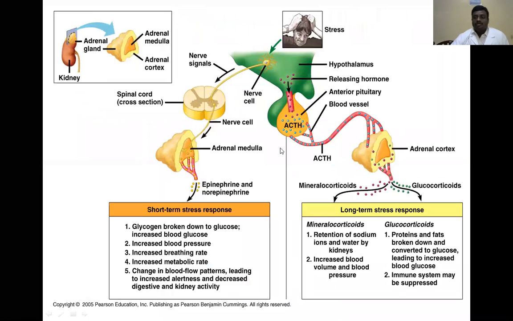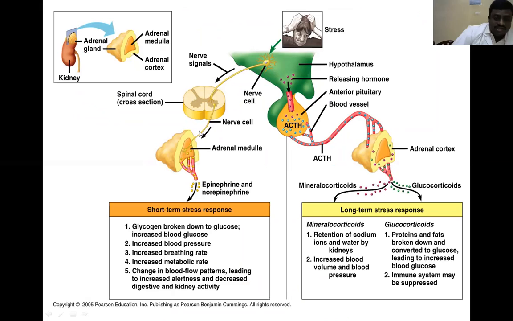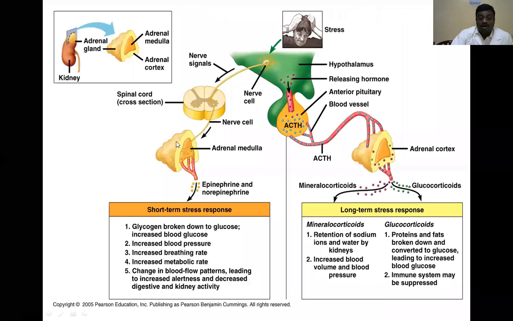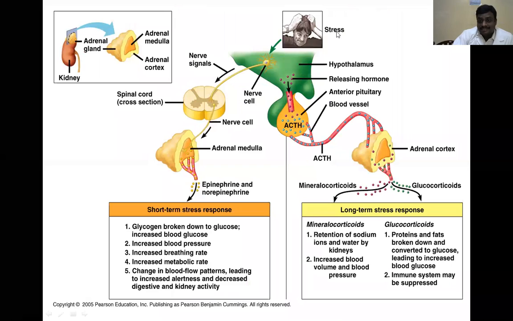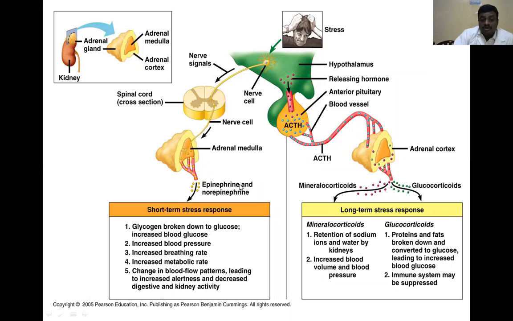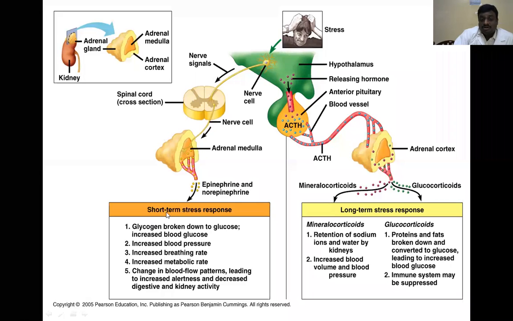Most of these adrenal hormones are steroid hormones. Adrenal hormones are called stress hormones. So when we are under stress, depending on the stress status, different hormones are released. In the short-term stress response, epinephrine and norepinephrine are released. Whenever we suffer a short-term stress response, signals are immediately sent to the hypothalamus.